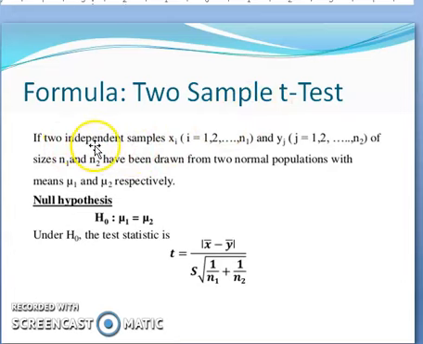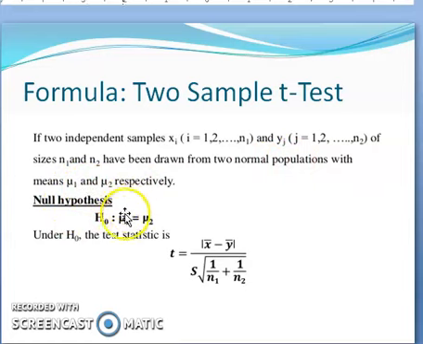Suppose two independent samples, xi, i equal to 1, 2, 3, ..., n1, and the second sample yj, j equal to 1, 2, 3, ..., n2, of sizes n1 and n2, have been drawn from two normal populations with means mu1 and mu2 respectively.